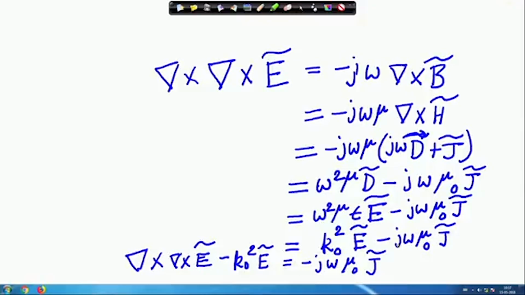But actually, if I want to go and solve it, because this is a vector relation, it will be problematic, because J and E are not so well related. Mathematically, I will find some problems in many of the cases.